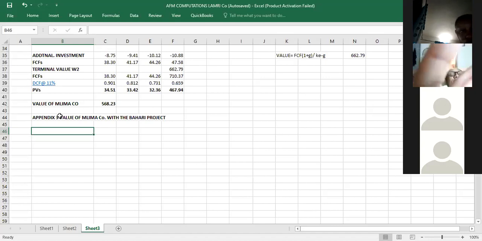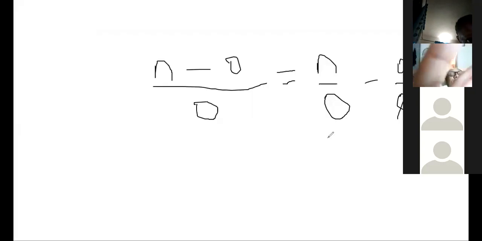Because the denominator is the same for both of them, we can say it is newest over oldest minus oldest over oldest. Do you get that? Oldest cancels oldest, so this will give you newest over oldest minus 1.